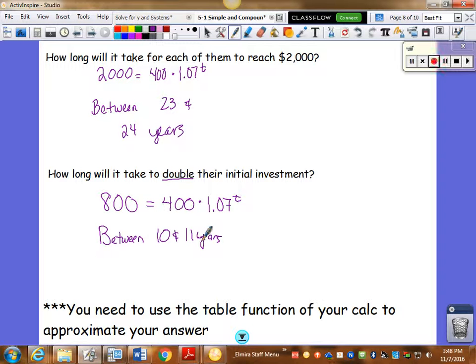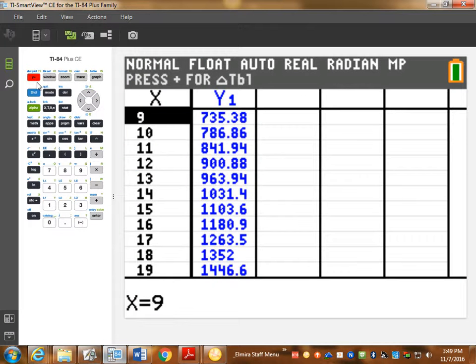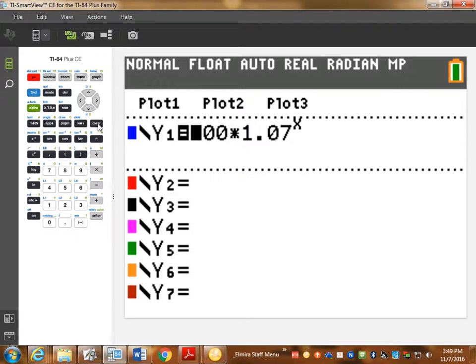Okay, if we were doing Warren, he would get $2,000. His principal is 300 times 1.075 to the t power. So now we're going to go into the calculator again. Go into your y equals. Clear this one out. 300 times 1.075 caret x.